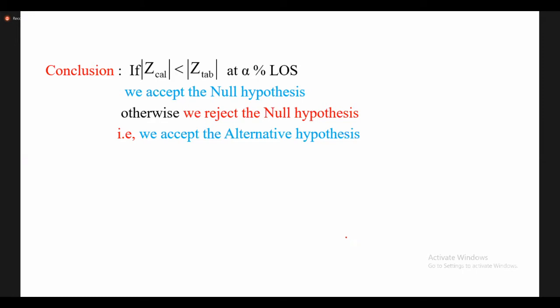After that, the last step, conclusion. After getting Z calculated, we have to compare with Z tabular. All of you see this condition: if mod Z calculated is less than Z tabular at alpha percent level of significance, this condition is satisfied, we accept the null hypothesis.